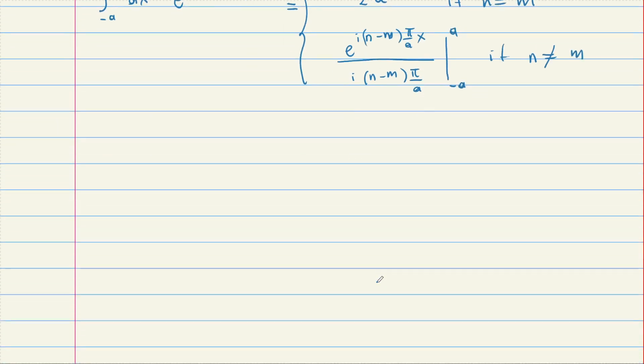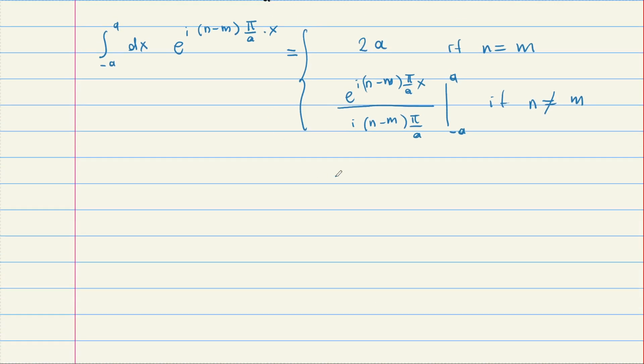Now let's look at this expression. So this is e to the i n minus m, if I put a, a is cancelled, this is pi, minus e to the minus i n minus m pi, divided by i n minus m pi over a.